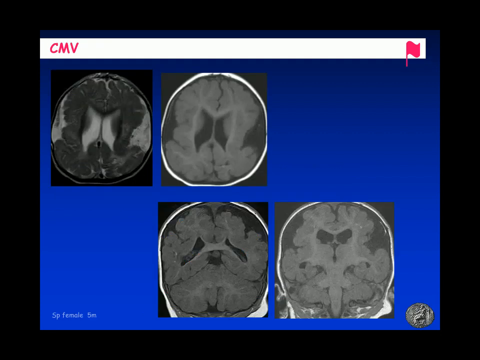And here, a child, the mother contracted CMV infection early in pregnancy, and you see the result: lack of operculization of the sylvian fissure and abnormal gyration pattern. And if you pay attention on these T1 weighted images, you will see this bright linear structure here and there and there, and these are calcifications.